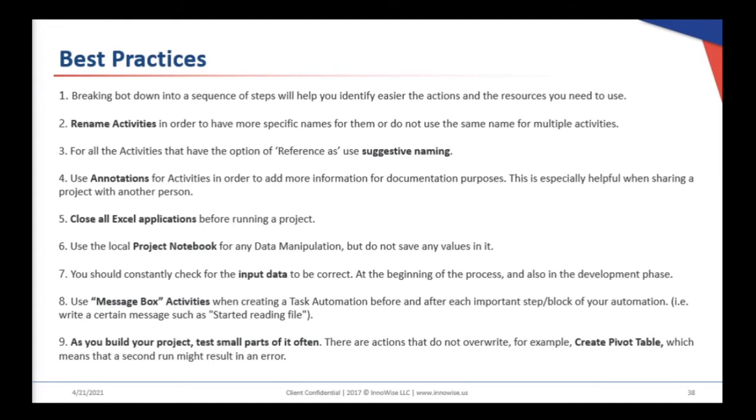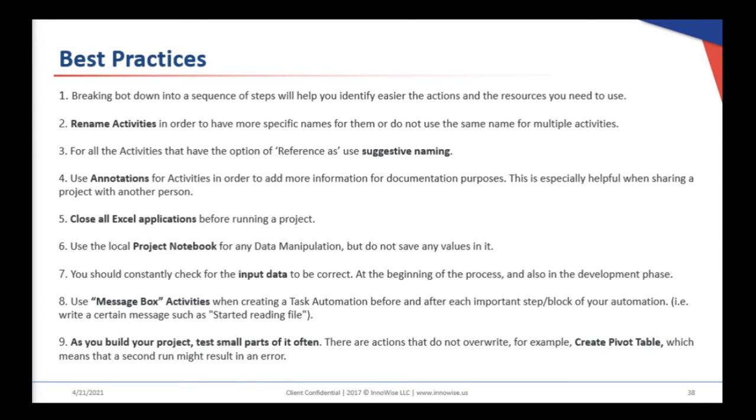Whenever we take an input, you can use a message box, or write it somewhere in Excel or in a text file, so that you are sure the input is correct and you know what activity would result in what outcome. So it is very important to check at the start and during development that our input data is coming correctly.